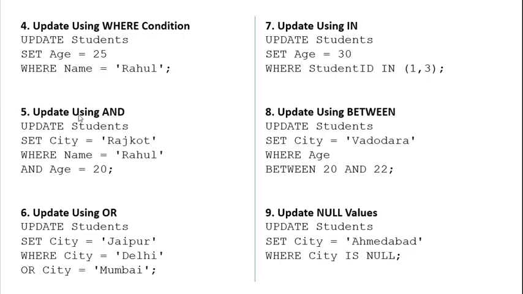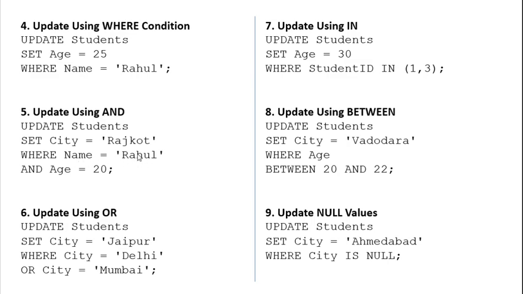Fifth is update using the AND logical operator. UPDATE student, with student as the table name, SET city = 'Rajkot' WHERE name = 'Rahul' AND age = 20.